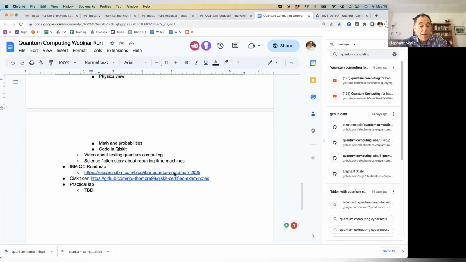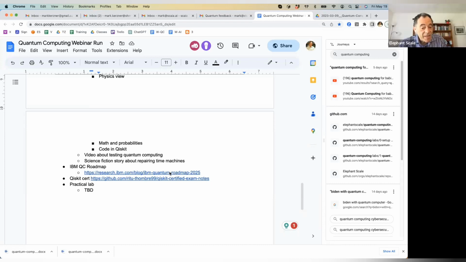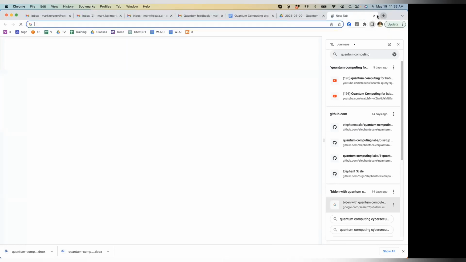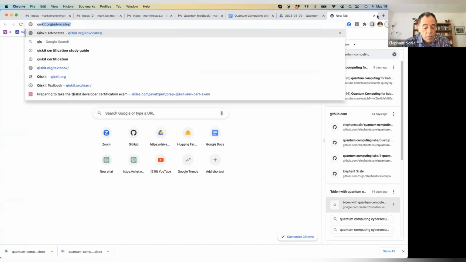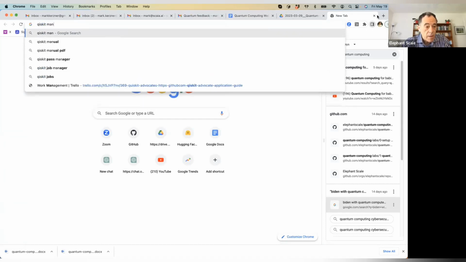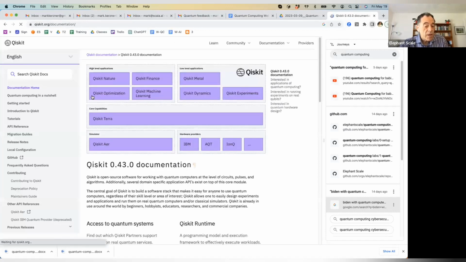But the majority of the questions are about the Qiskit library, a very specific library, and the easiest way is to go to the IBM Qiskit manual. If you go through all of the labs, or even some of the labs, that will give you all that you need to know.